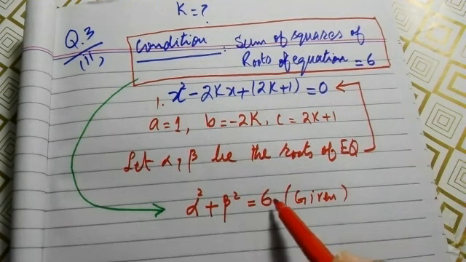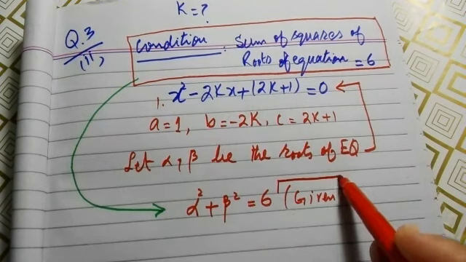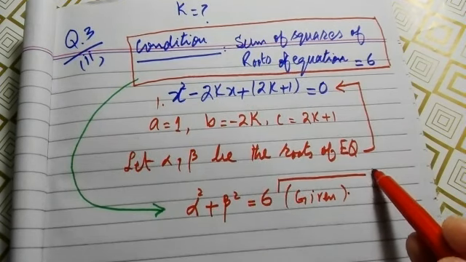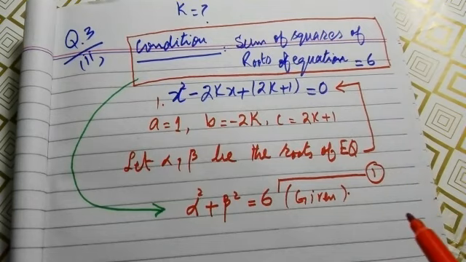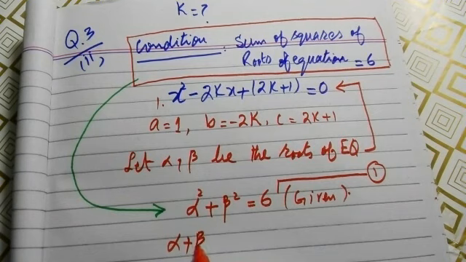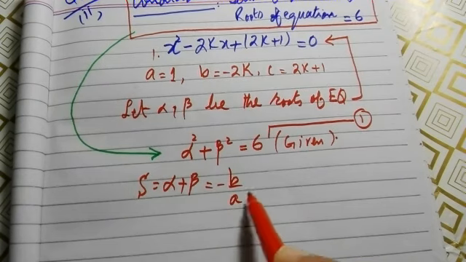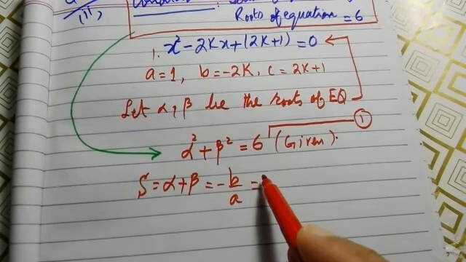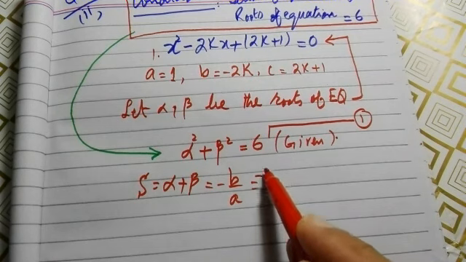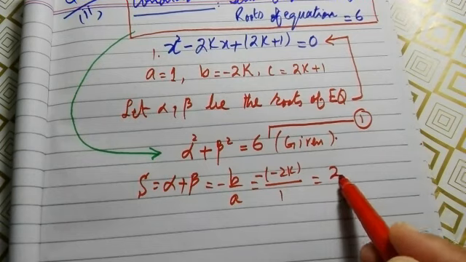And this equation, which is number 1, you can label it as, for example, this is some given information as x squares. This is equation number suppose 1, and it is given. Now, if we will find sum of roots and product of roots by formula, that will be minus b over a, and according to this, b is equals to 2, so minus 2k, and a is equals to 1, so solution will become 2k.